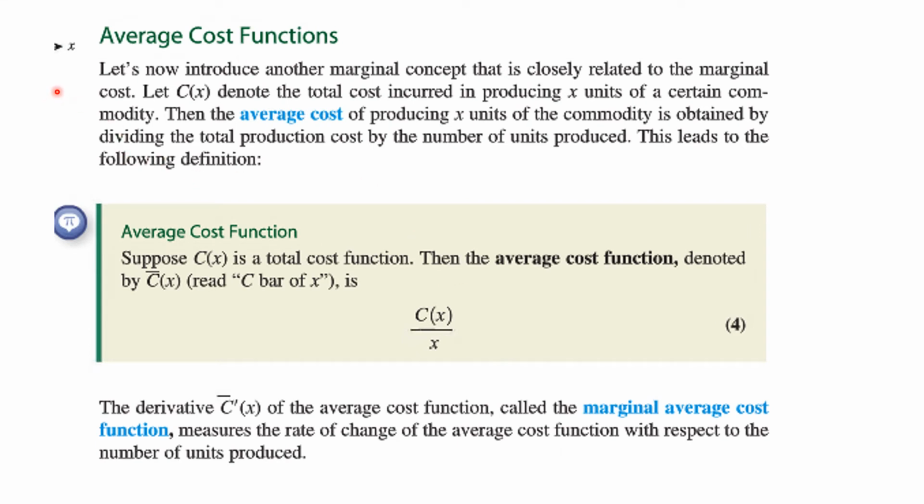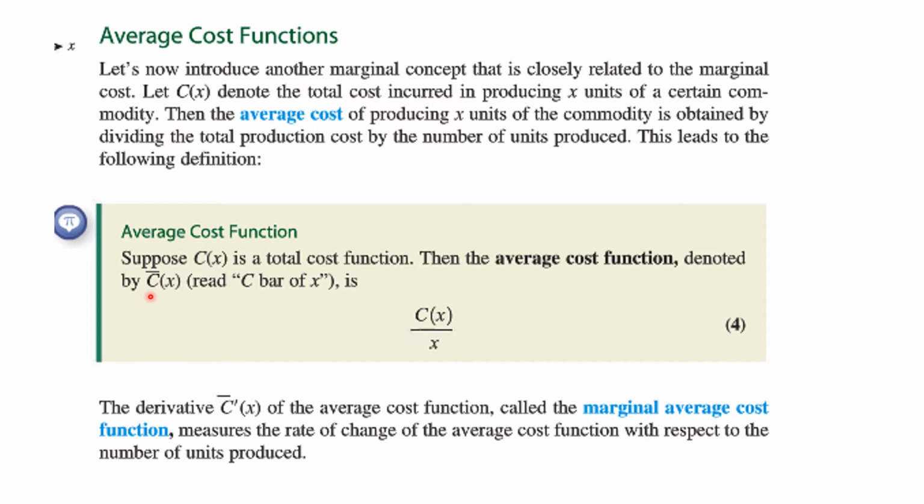Let's now talk about another marginal concept that is closely related to the marginal cost. So if we're talking about C of x, the total cost, as before, of producing x units of a certain commodity, the average cost of producing x units of commodity is obtained by dividing the total cost by the units produced. So that is C of x over x, and that's called the average cost function. We have notation for this.